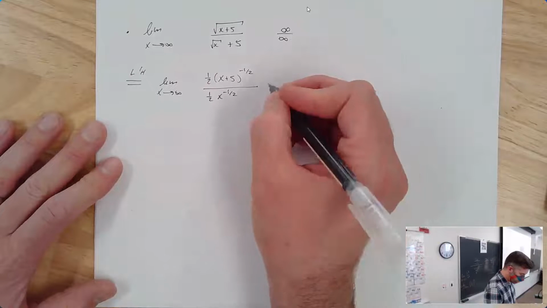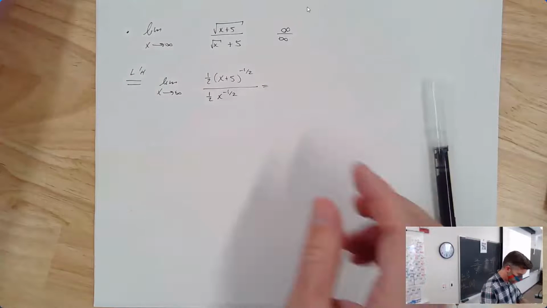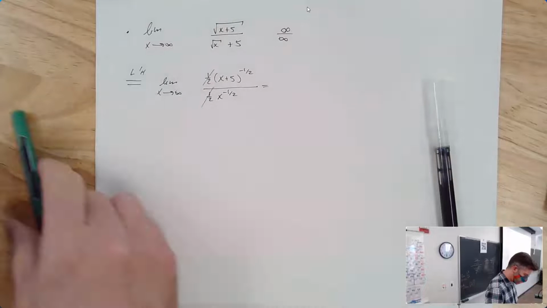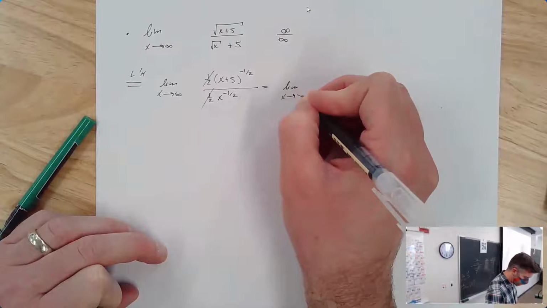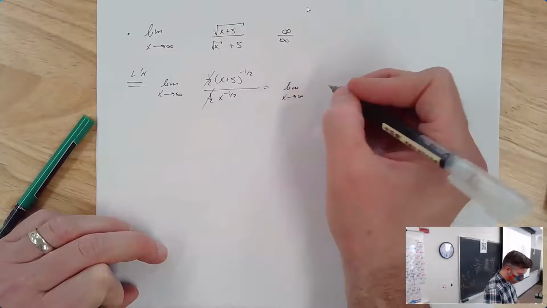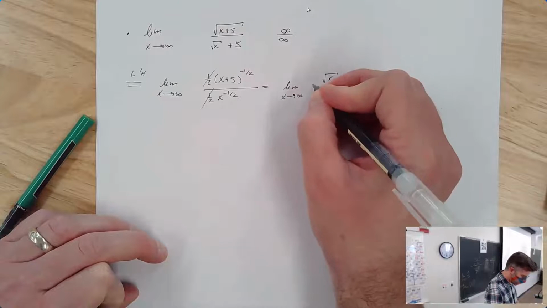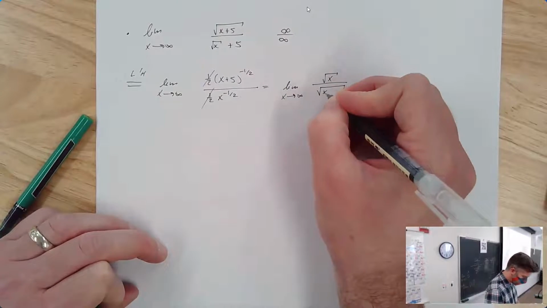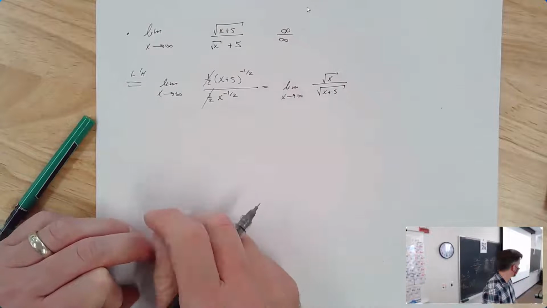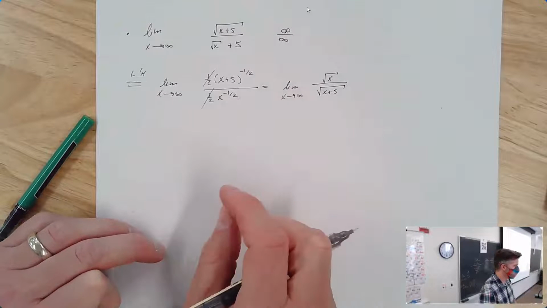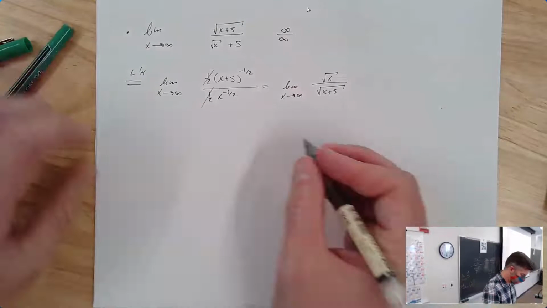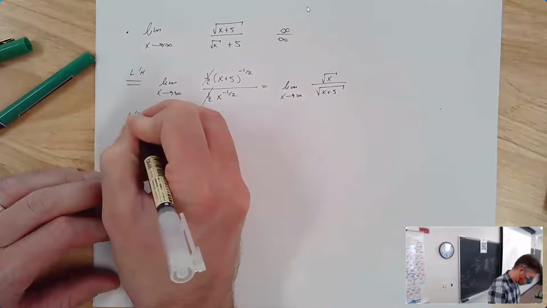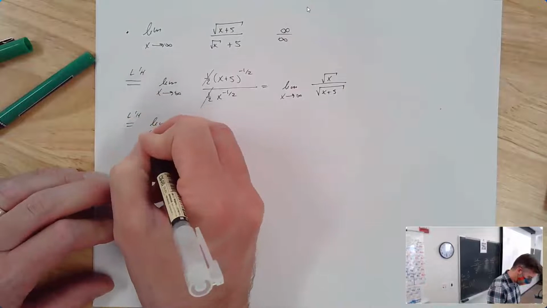And I'm going to rewrite this. The 1/2s cancel. I'm going to write this as the limit as x goes to infinity of the square root of x on top, the square root of x plus 5 on the bottom. Still infinity over infinity, so I guess we'll do it again.